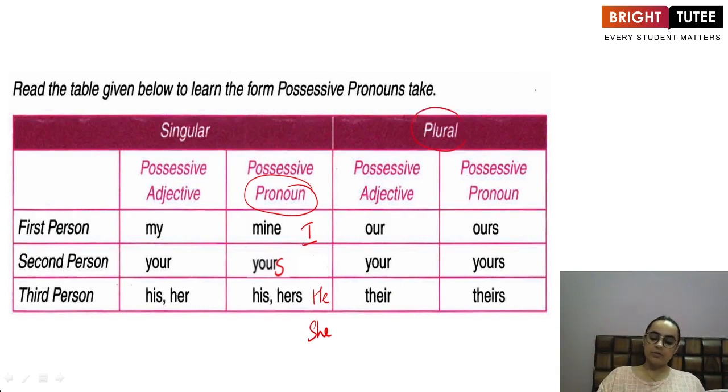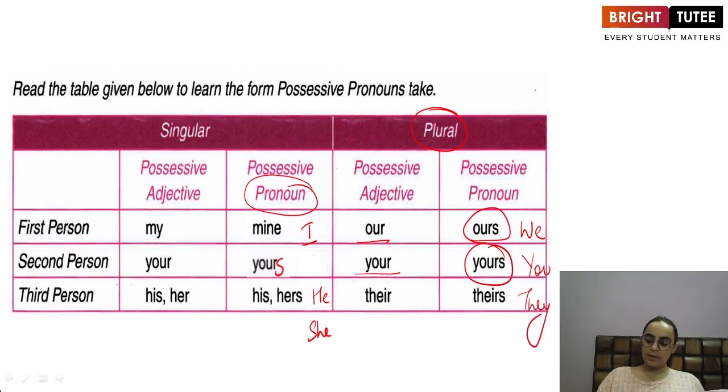If I talk about the plural case, we changes to ours as a possessive pronoun and our as a possessive adjective. You becomes yours as a possessive pronoun and your as a possessive adjective.